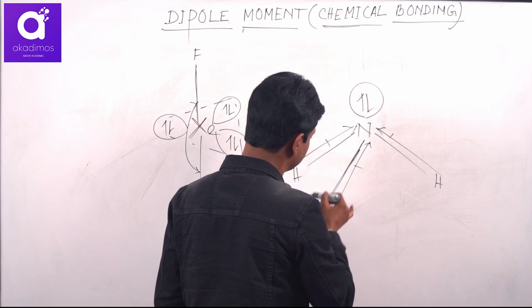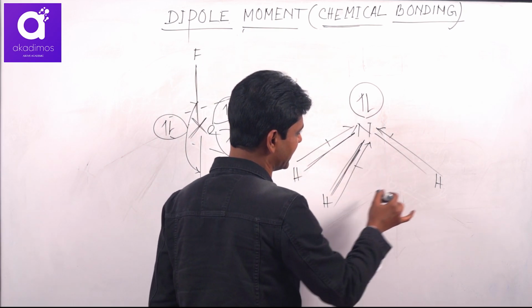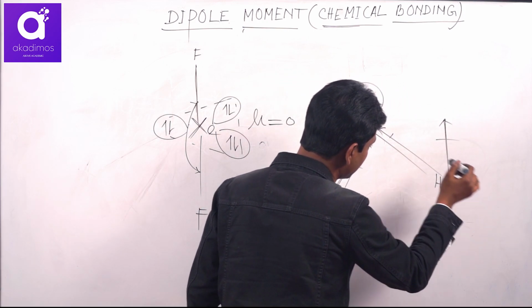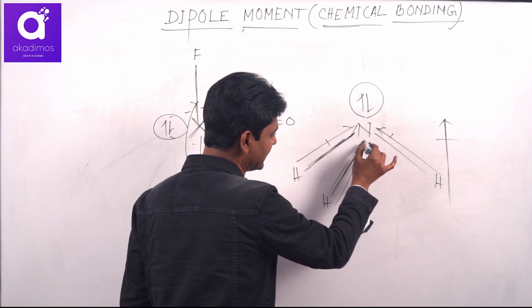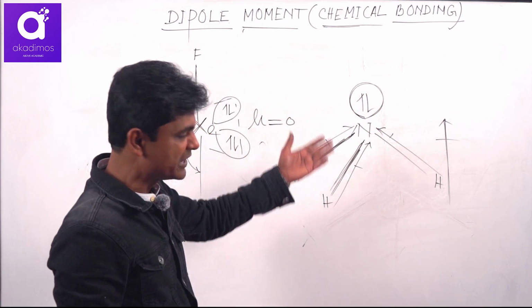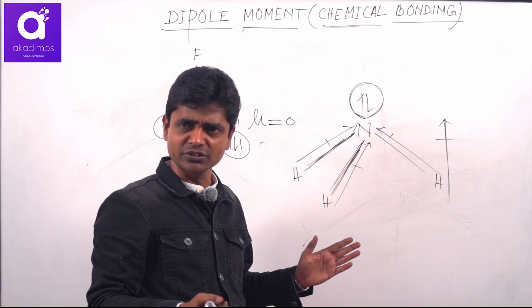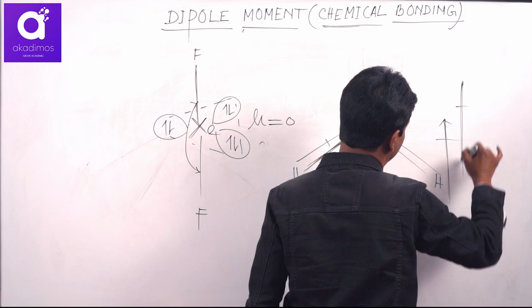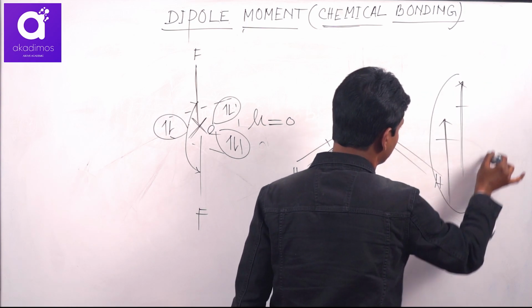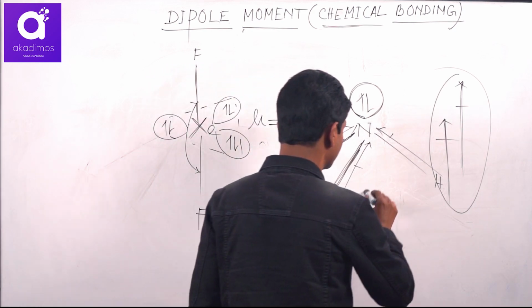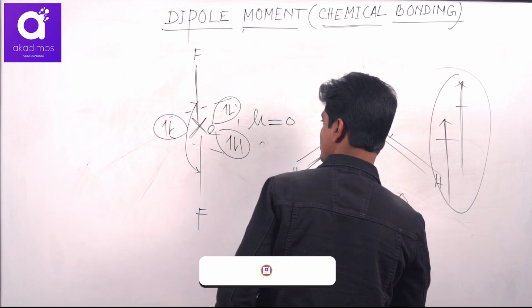And if I take a qualitative idea of the resultant N-H moment, it will operate along this direction, and this is the overall or resultant N-H bond moment. And the lone pair, you know, is an electron cloud, and we are measuring the moment with respect to the positive electric field. That's why the lone pair moment also operates in the same direction. The resultant moment you will get is very high. For NH3 you will get a resultant moment which is very high. This is not equal to 0.